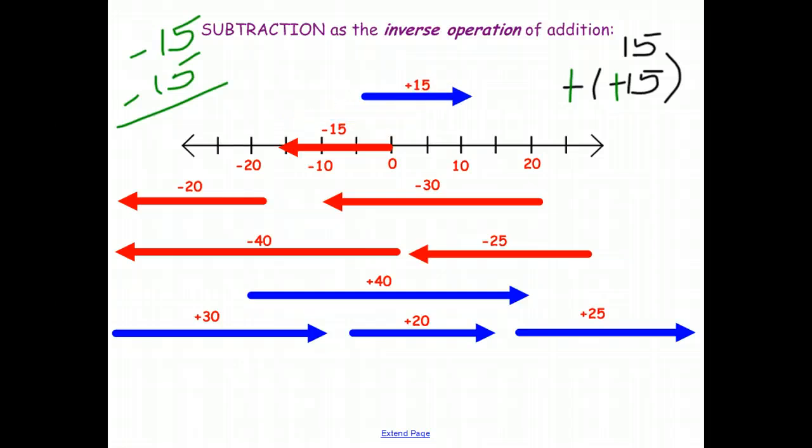But subtraction is the opposite of addition. And conveniently, this gives us the same idea as subtracting a 15 or adding a negative 15. So what becomes obvious when looking at it like this is that when you are subtracting a number, you are adding the opposite value of it.